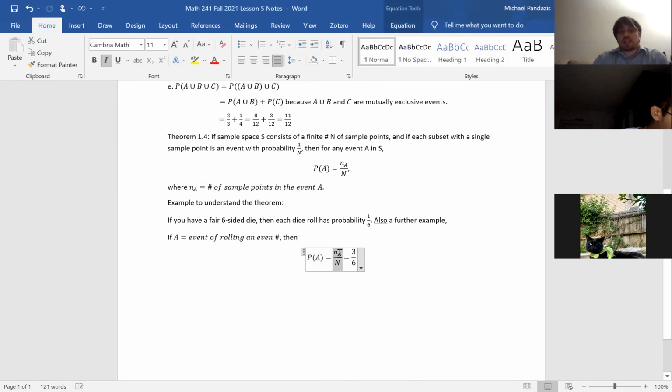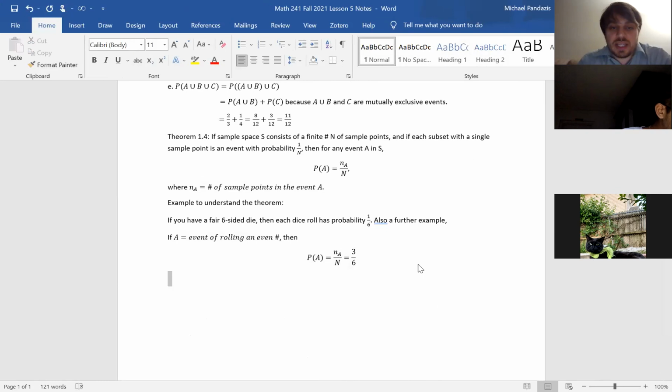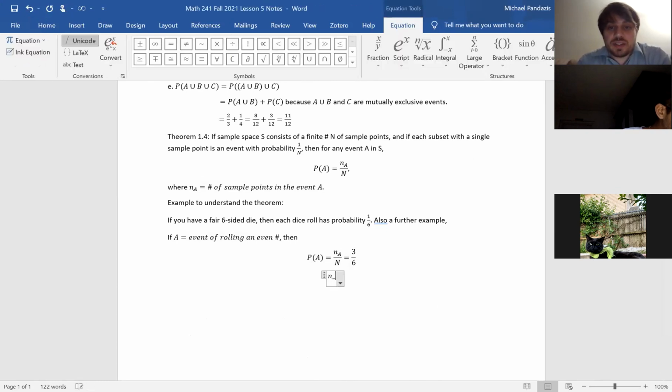But n sub A is the number of sample points in the event A, which is the event of rolling an even number.